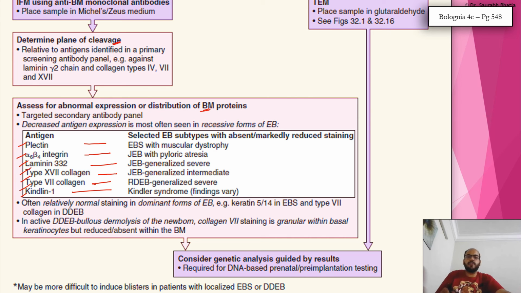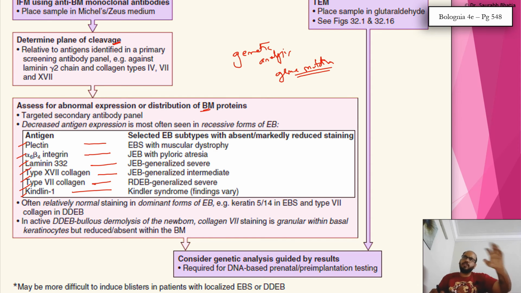And at the end, in all genetic disorders, you have to write genetic analysis to look for gene mutation or protein mutation. You have to mention this at the end. So try to make a flowchart if you're writing a long answer question or a long note on approach to EBS.